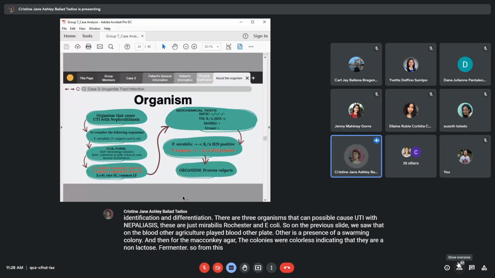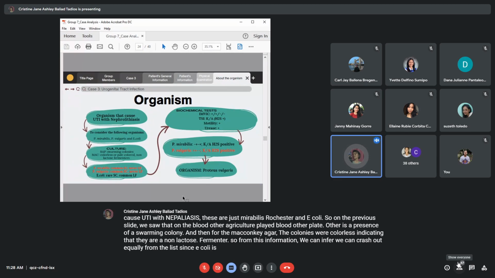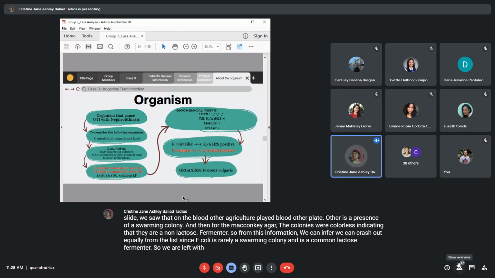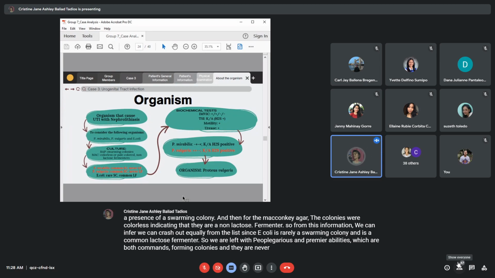From this information, we can cross out E. coli from the list, since E. coli is rarely a swarming colony and is a common lactose fermenter. So we are left with P. vulgaris and P. mirabilis, which are both common swarming colonies and are never lactose fermenters.